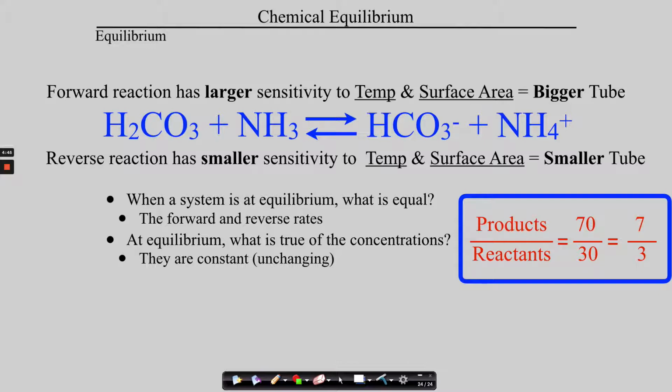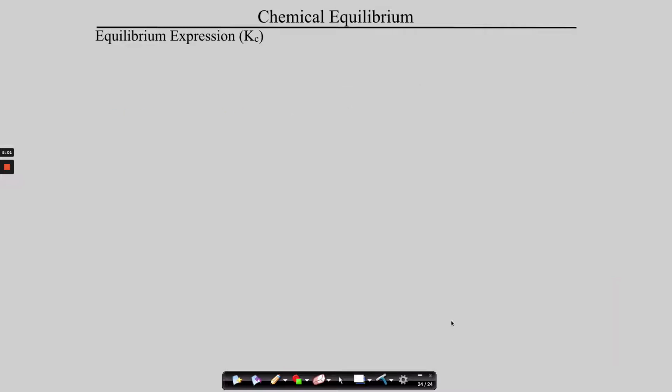This ratio has a name, okay? It's not a 7 to 3 ratio for every reaction, but we want to know how to calculate this ratio for each equilibrium reaction that we come across. The name of this ratio is the equilibrium expression, or Kc.